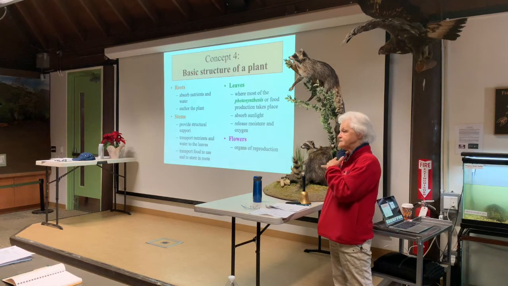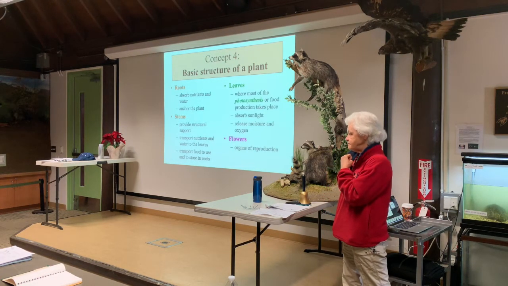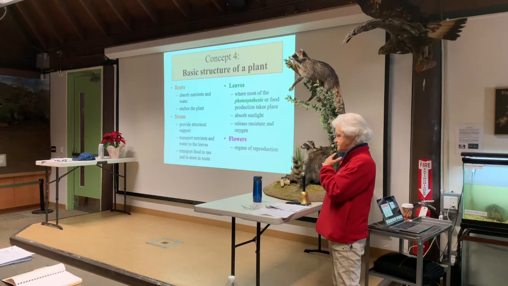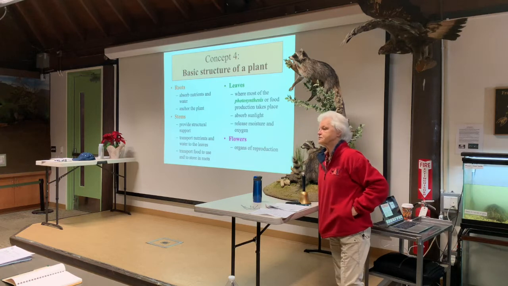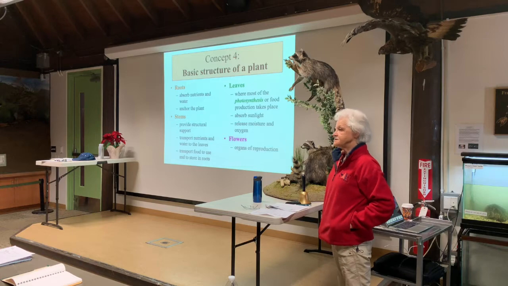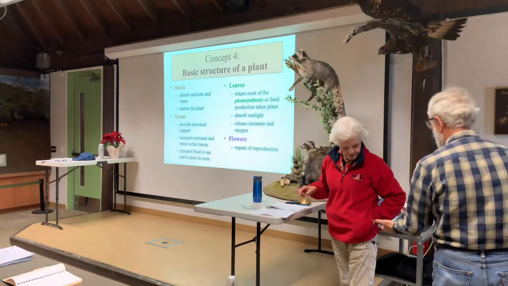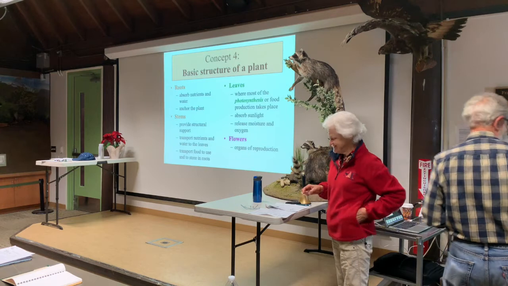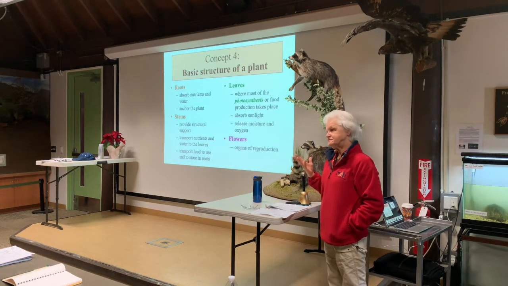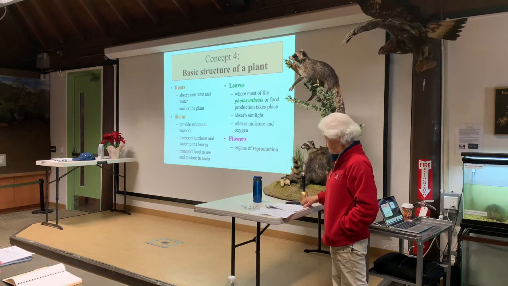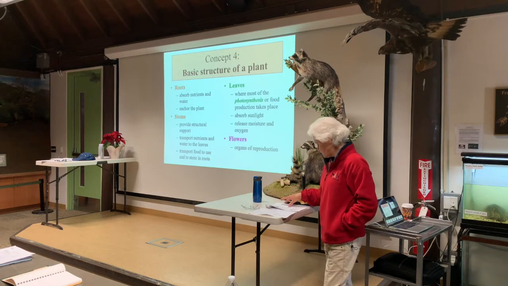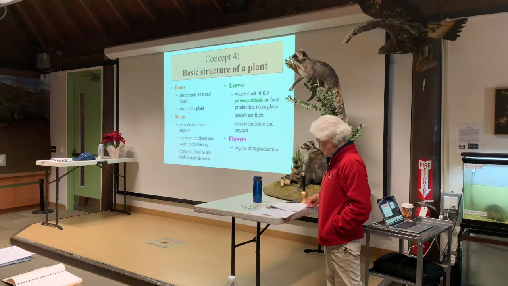There are other plants, so instead of just saying flowers, we can categorize the whole thing as the organs of reproduction, like where they create seeds or other items that are used for reproduction, fruits that are used for reproduction.